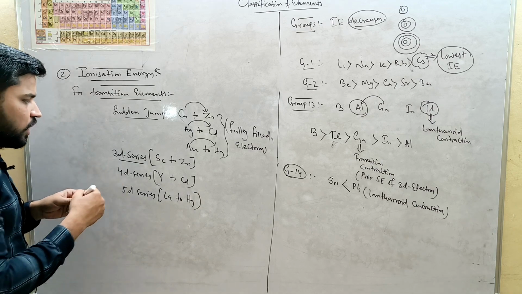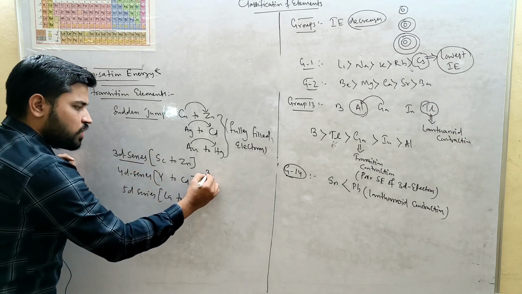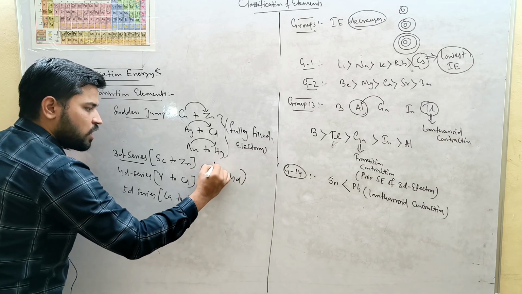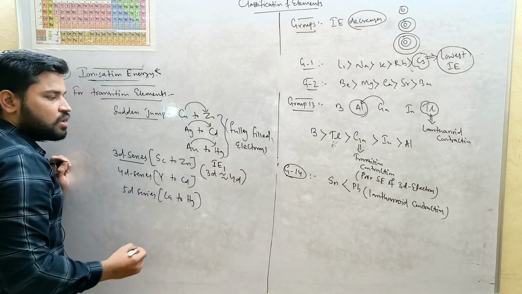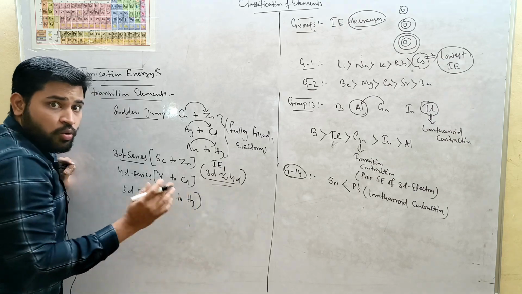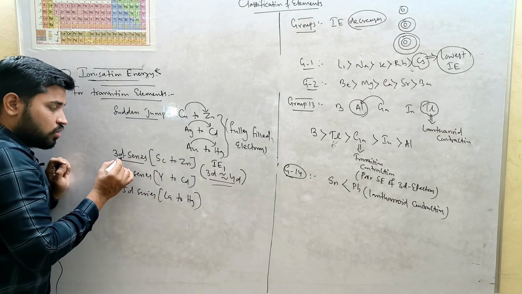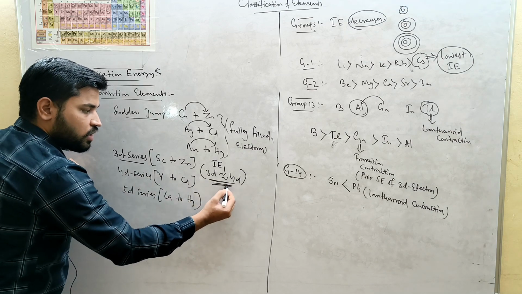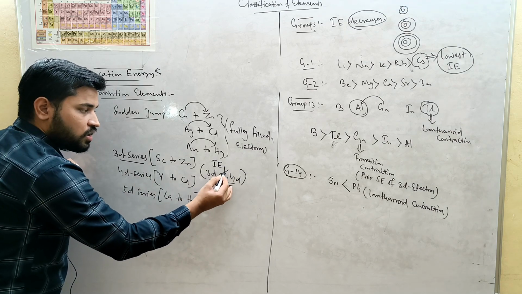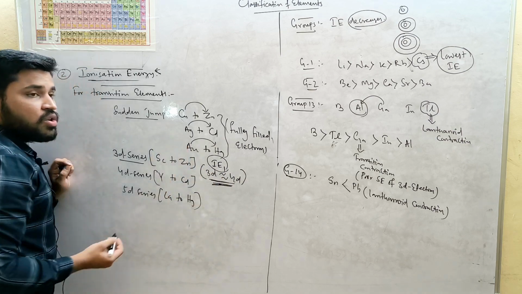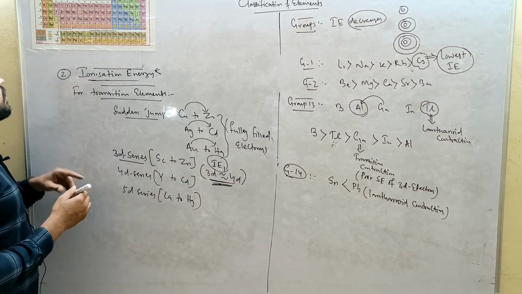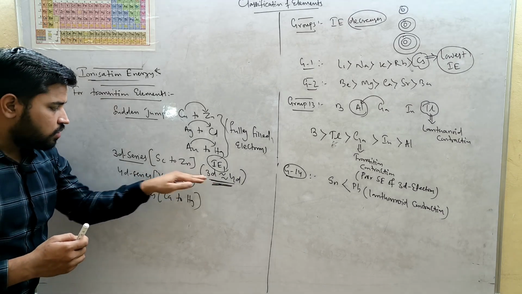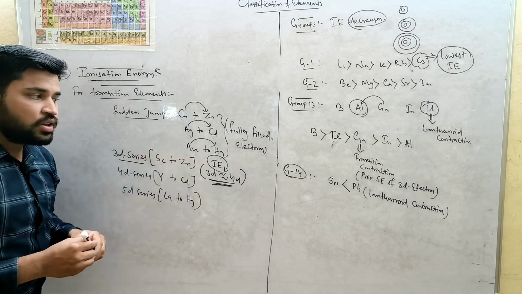Between the 3d series and 4d series, the first ionization energy values will be similar. Hope you're understanding. Why is there similarity in first ionization energy?